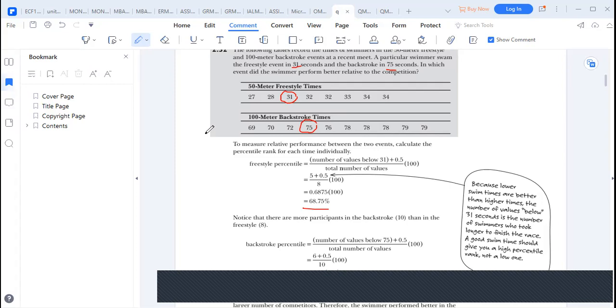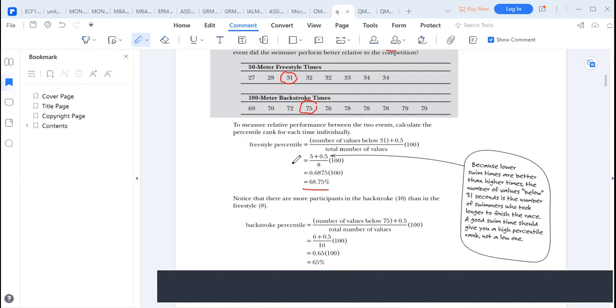In the backstroke of 10, the numbers that are below 75, we have 1, 2, 3, then 4, 5.